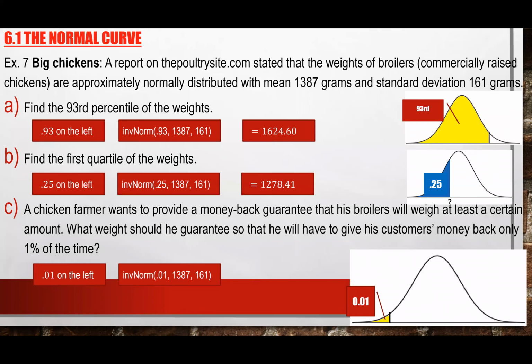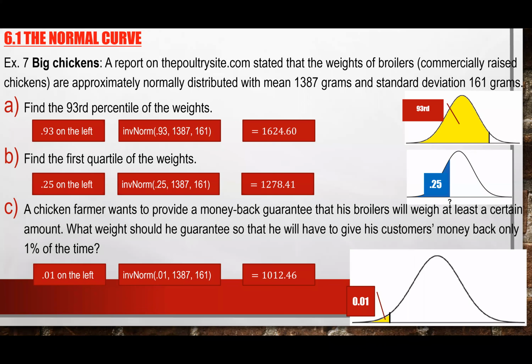And if you plug in inverse norm 0.01, the mean is 1387, and the standard deviation is 161. You can see that this is the minimum weight of the chicken at which he will give you the money back, right? So if the chicken weighs less than 1,012.46 grams, I will give you the money back, right?